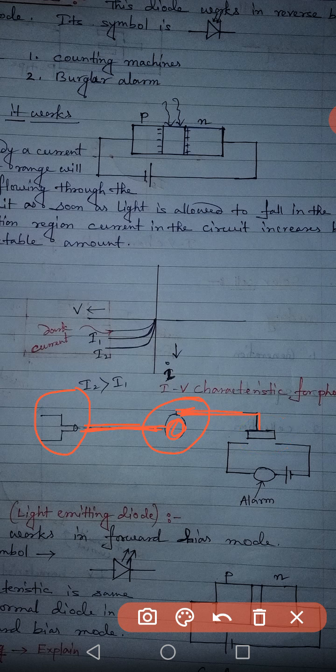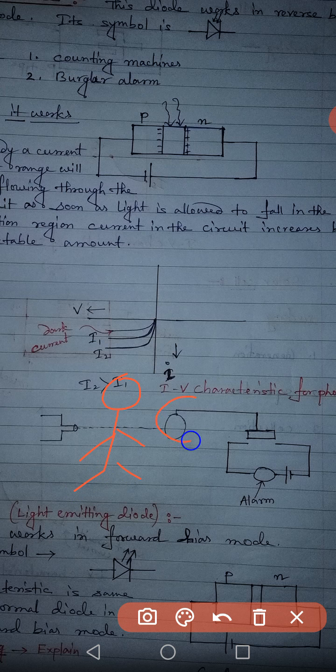Why is the metallic plate lifted? Because current is flowing through the photodiode. Why is current flowing through the photodiode? A particular current, because of this light. Okay, now suppose a person comes here and stands in between. Suppose this is a person standing here. The person is blocking the light, and as the person is blocking the light, what will happen?